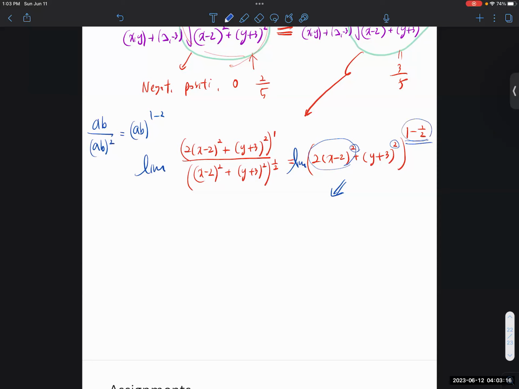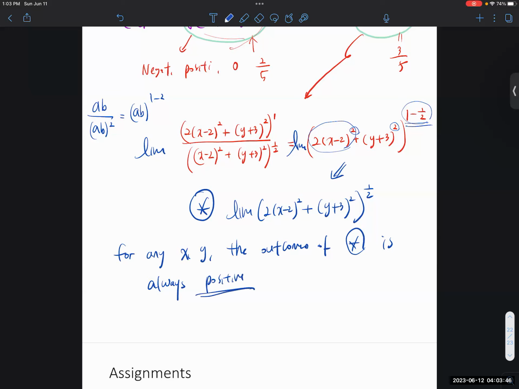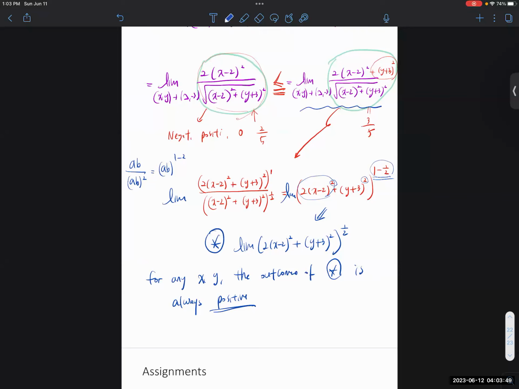So for the limit of (2x - 2)^2 + (y + 3)^2, let's say this is the star, for any x and y the outcome is always positive. So since this is positive, what do you guys think? This is also going to be positive because of the comparison theorem.